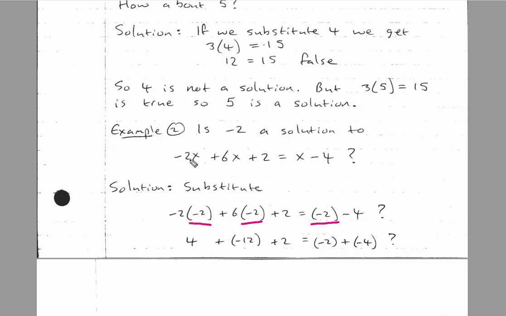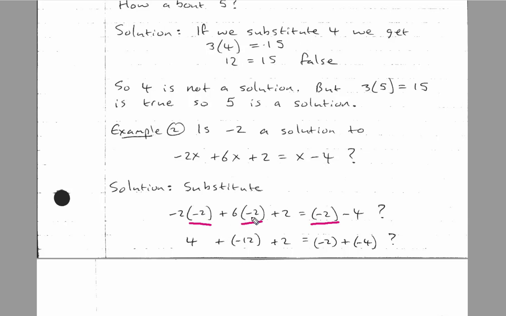Okay, so now you have more work to check. So is the left side equal to the right side? Is this a true statement? So this negative 2 out here is multiplying the x, so we have negative 2 times negative 2, that's 4.